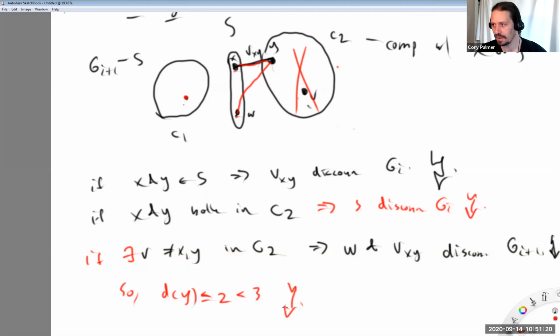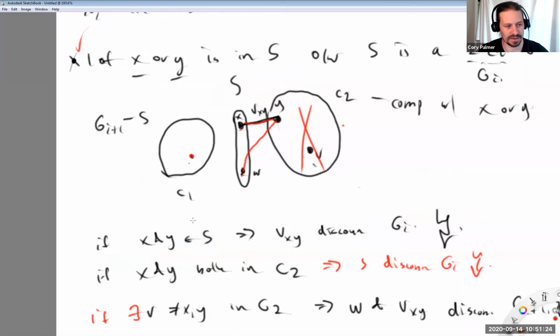Okay. So we're out of time here, but let me just try to illustrate the idea again. If GI plus 1 has 2 vertices that disconnect it, we know that one of those 2 vertices is X or Y and not both. The only way for that to not still be a disconnecting set of GI after the contraction, so when I say still, I don't mean XW, I mean the new vertex coming from the contraction and W, because that's essentially equivalent to removing X, is removing the result of the 2.